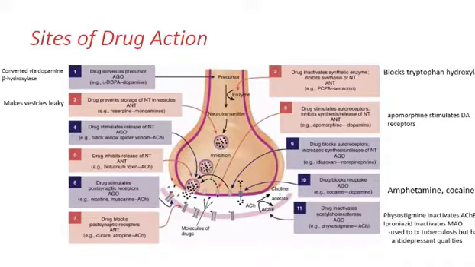The drug could inhibit the release of the neurotransmitter, like botulinum toxin, which sort of acts like black widow spider venom in reverse. It inhibits the release of acetylcholine rather than stimulates it. And then number 6, the drug can stimulate the postsynaptic receptors themselves, acting as an agonist.